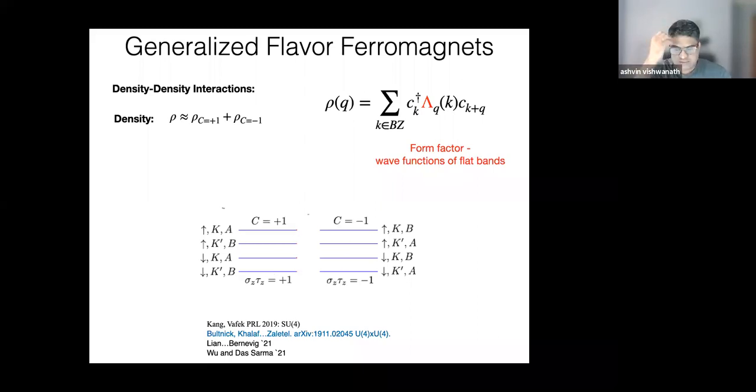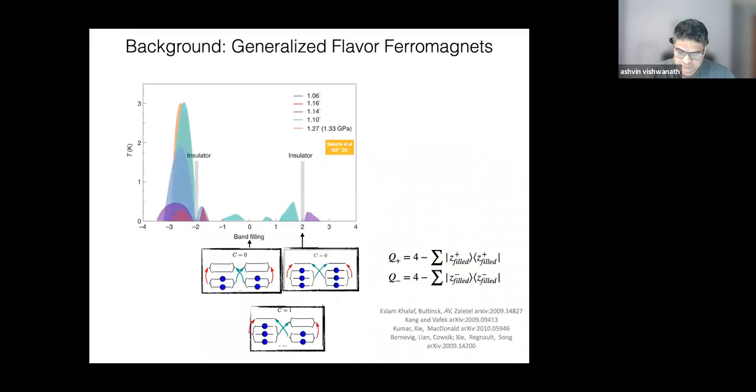Okay, and the task now is to find states within this manifold that minimize the Coulomb interaction energy. And essentially what you get are generalized ferromagnets. Okay, it's not just spin anymore, it's a combination of spin and valley. Those you can realize in this picture, it makes it clear. That's really what you need to do.